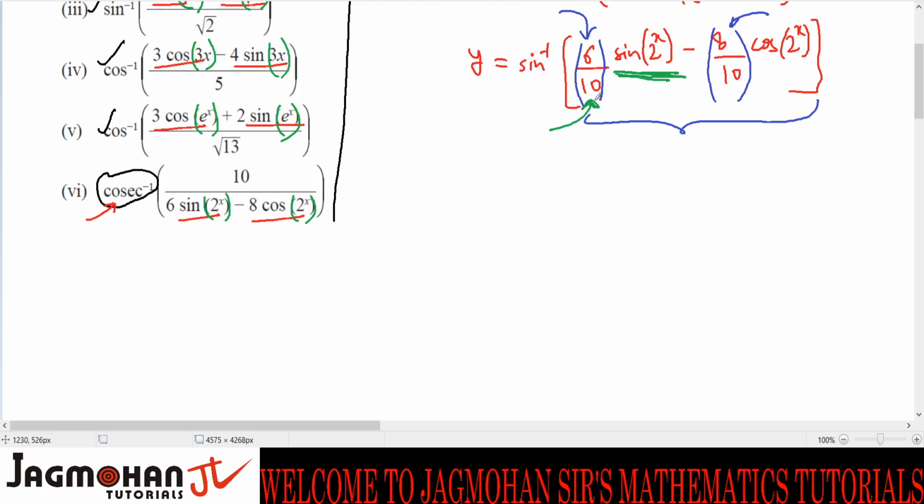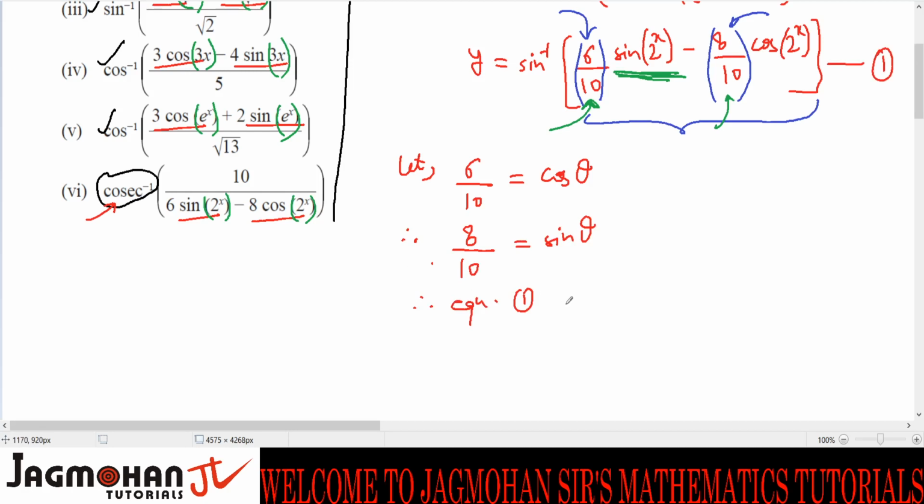So if I take this as cos theta, this will become sine theta. So the next step I write here, let 6 upon 10 equal cos theta. Therefore 8 upon 10 will automatically become sine theta, and therefore I can write this as equation 1. Therefore equation 1 becomes, see what equation 1 will become.